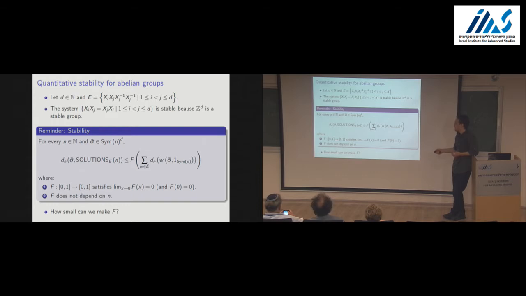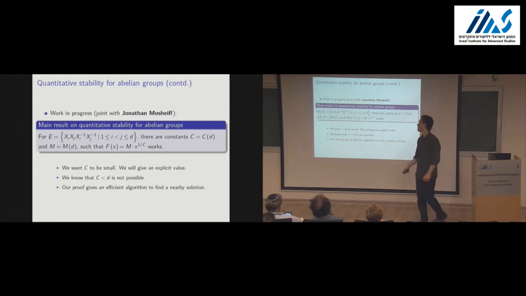But the Arzhantseva-Paunescu result doesn't tell me anything about how small f is. And I want f to be small. I want to say that the distance to the space of solutions is very small. In terms of the stability, it means that I don't have to check many places in the permutations to determine probabilistically whether or not they are close to the solutions.